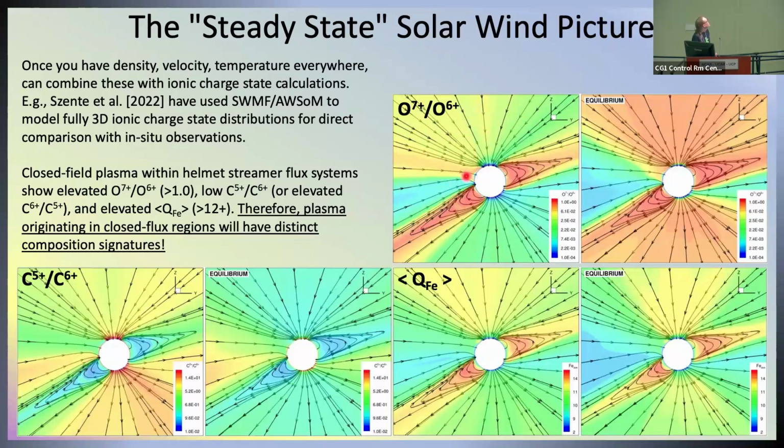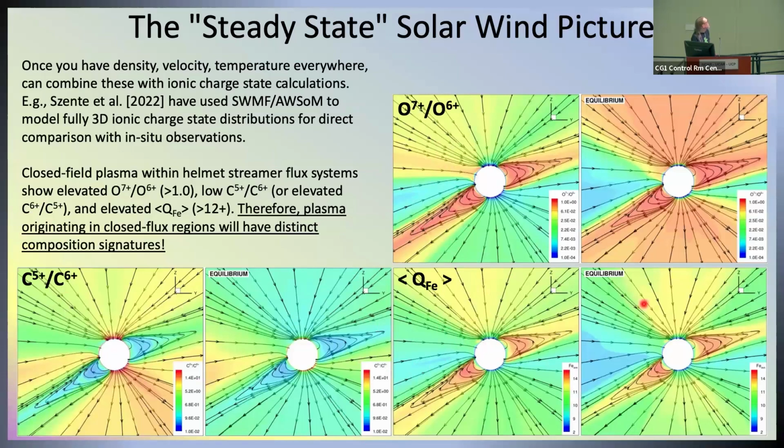But notice over here, this is a pseudo-streamer structure, and it's also yellow. So that's kind of interesting. And then similar sorts of things for C5 and C6, and for the average charge state of iron.